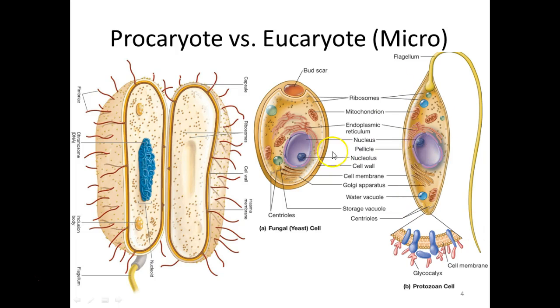Eukaryotes, by definition, have a membrane-bound nucleus, but within the nucleus they have a region referred to as the nucleolus. That's not an organelle. And they have lots of organelles, and these organelles are areas that are membrane encased, just like the nucleus is.